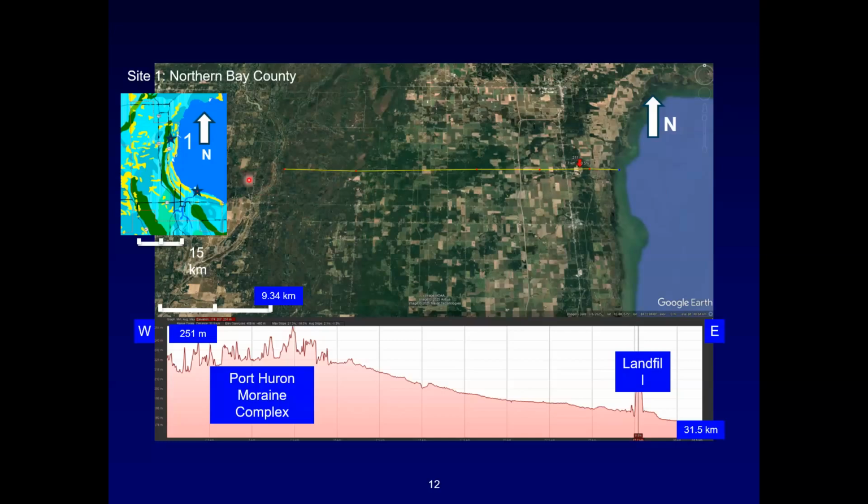We have the Port Huron Moraine Complex, quite a ridge here, and then we go down in elevation towards the coast, the Lake Huron coast. You actually see the landfill being a spike in elevation, and there's an old shoreline ridge here too, going down in elevation. This helps me understand the former lake bottom that many of us live on.